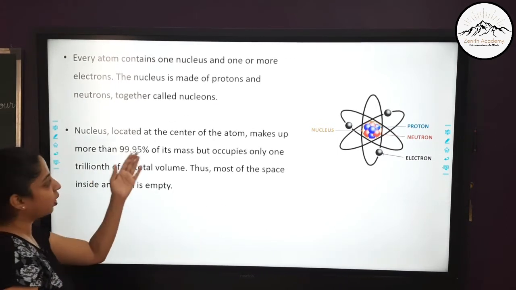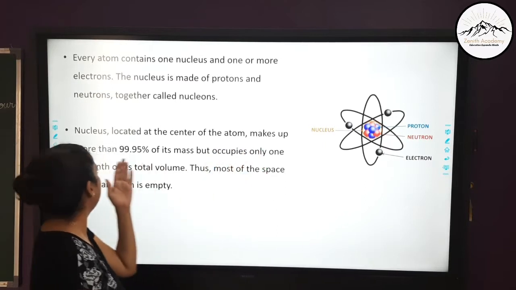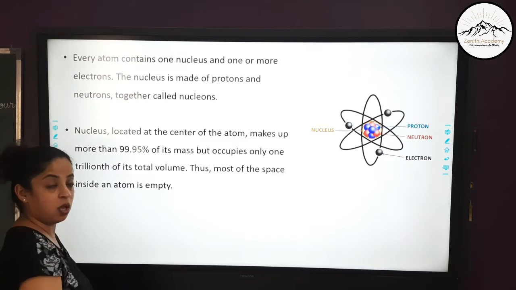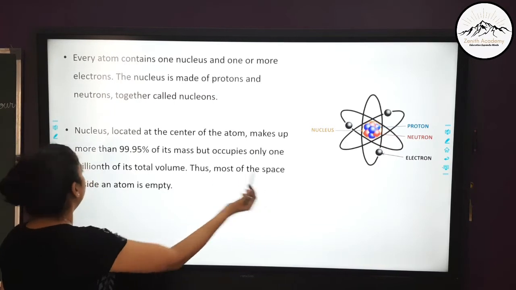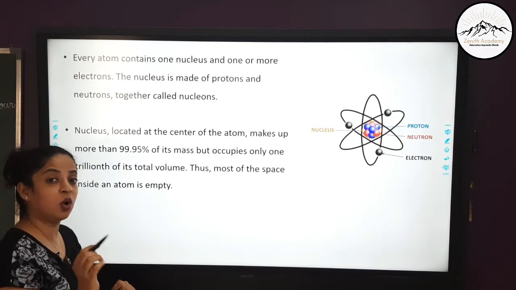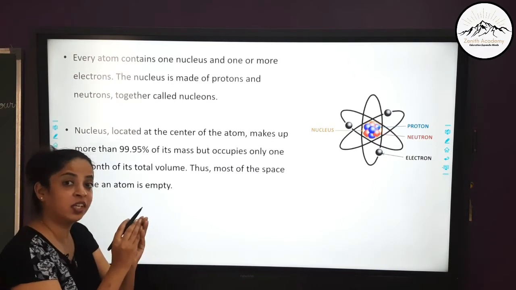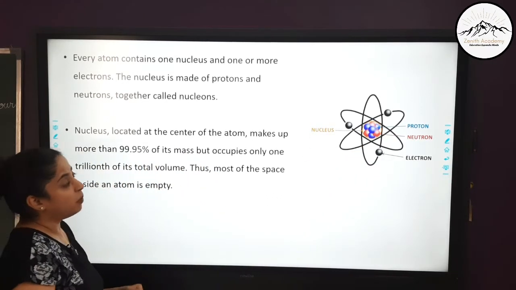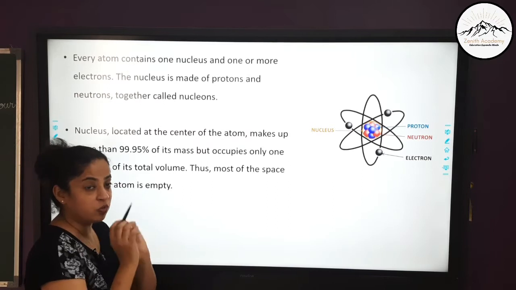A nucleus located at the center of the atom makes up more than 99.95% of its mass, but occupies only 1/1,000,000th of its total volume. So you must note here that all the mass of the atom is concentrated where? In the nucleus. Okay? But still it contains very less volume.